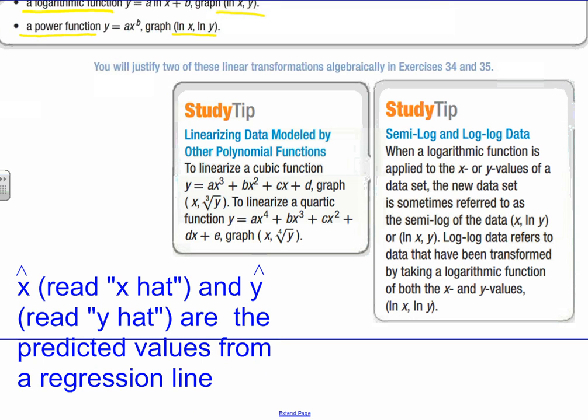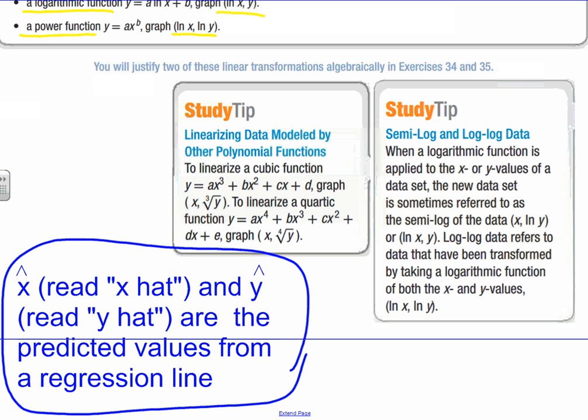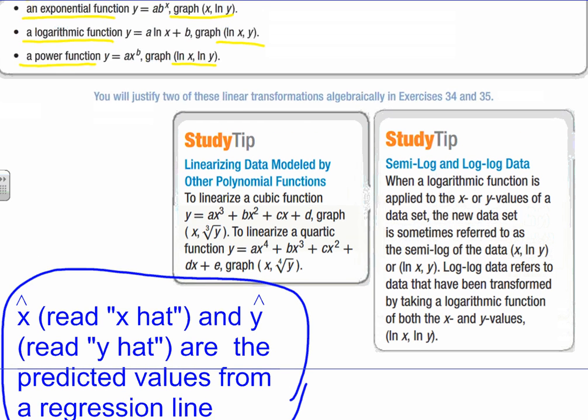I have this, and this is the best I could do typing. I'm using the caret key, but it is really called a hat. So x hat and y hat are the predicted values from a regression line. If we've changed something, then it has to have that hat on it. If we don't change it, it just stays as a regular x.